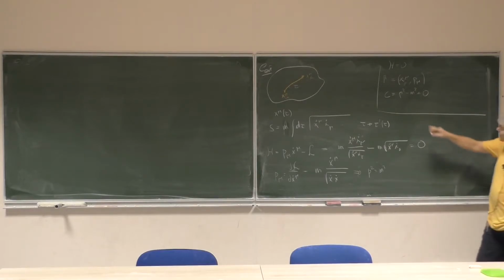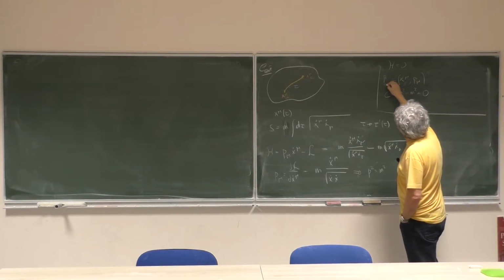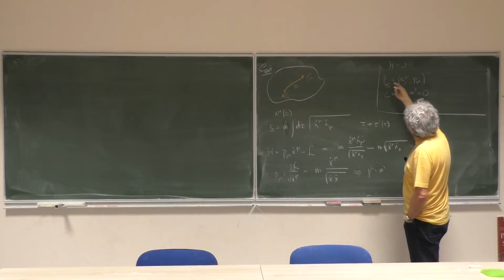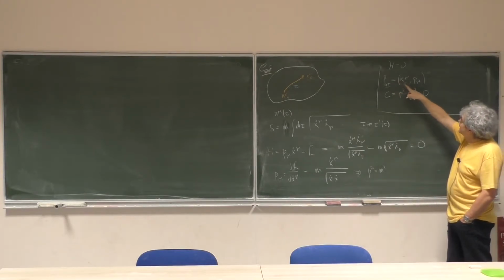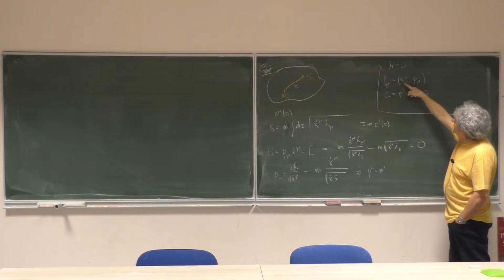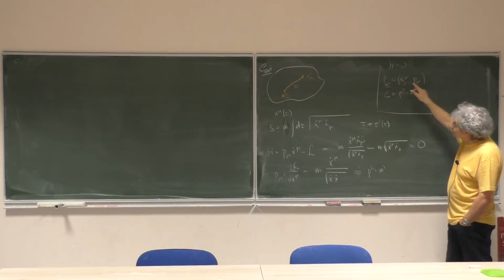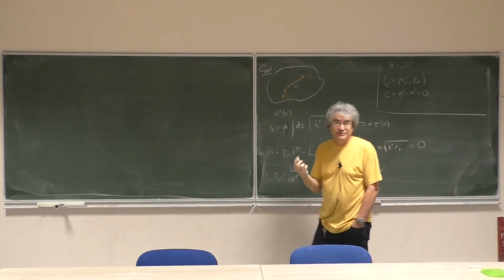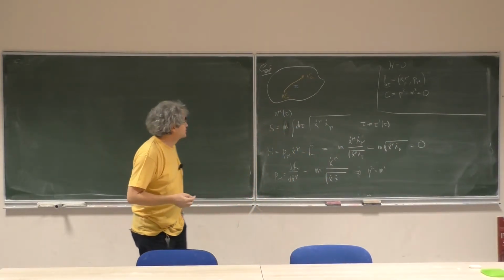So this actually has to be interpreted as an extended phase space. These are 4 Lagrangian variables and 4 momenta for 3 degrees of freedom, because a particle has 3 degrees of freedom, not 4.